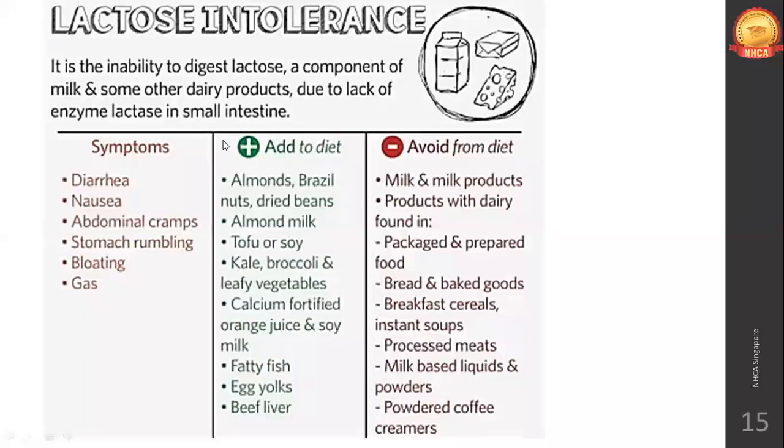Bloating, gas. What you have to add into the diet of a lactose intolerant person: more almonds, Brazil nuts, dried beans, almond milk, tofu, soy based products, more green leafy vegetables, calcium fortified juices and soy milk or any plant based milk. Use the packaged one. Do not make the plant based milk at home unless you are having supplements.